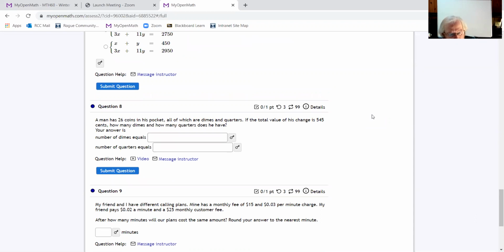They're counting on you to know that a dime is worth 10 cents and a quarter is worth 25 cents, right? So there's a total number of coins. That's like the X plus Y, right? And then the total value: 10 cents times every dime plus 25 cents times every quarter has to add up. And they nicely put it all in. They didn't mix up units on you. It's all cents, no decimal points.